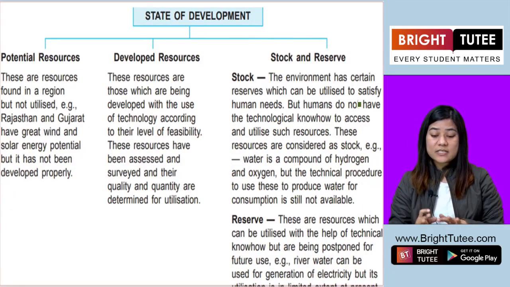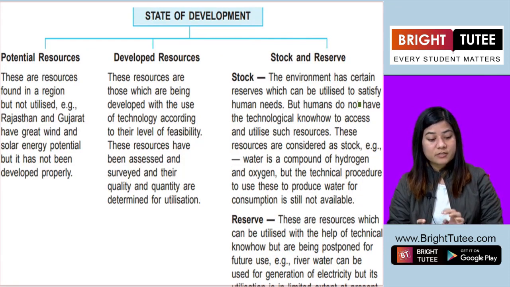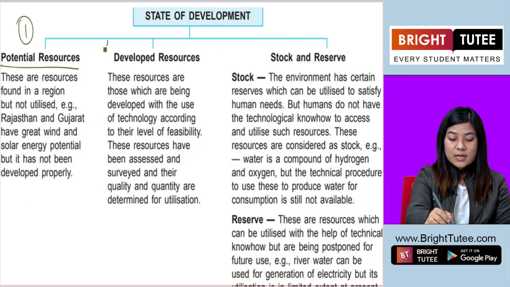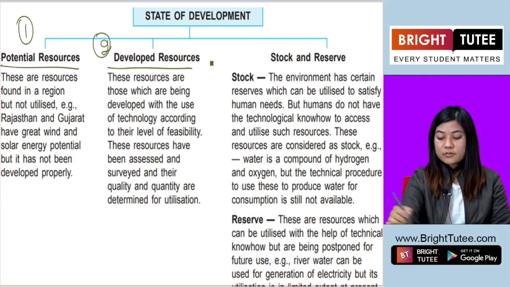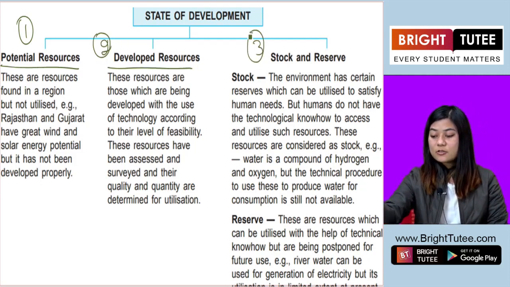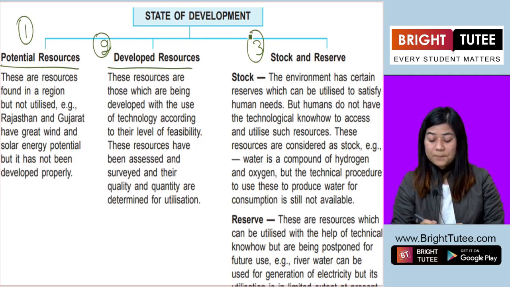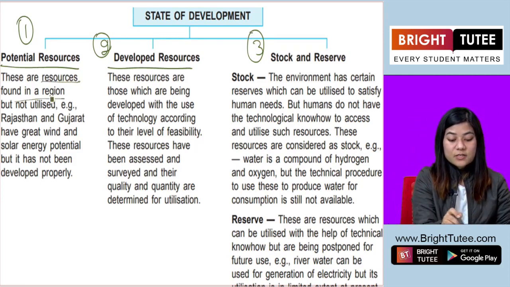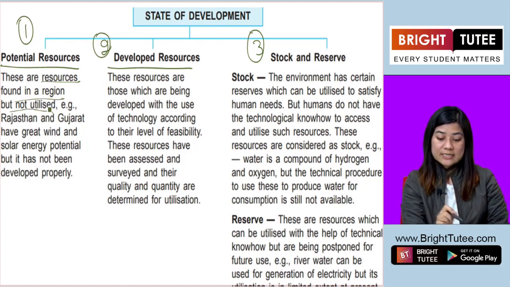On the basis of the state of development, again resources are divided into three. First is potential resources, second is developed resources, and third is stock and reserve. Potential resources are those found in a region but not utilized.